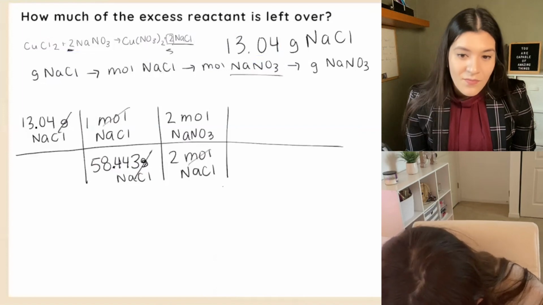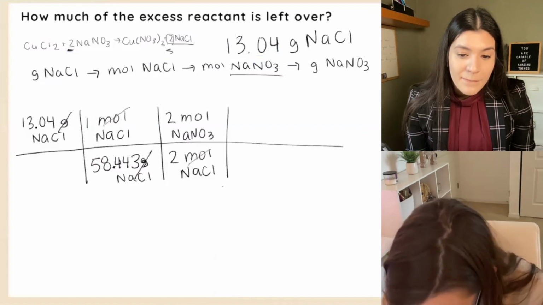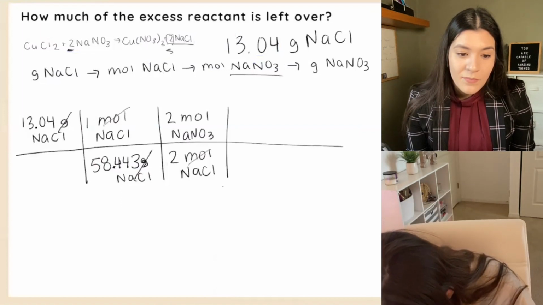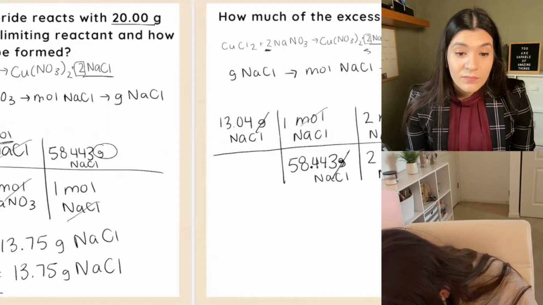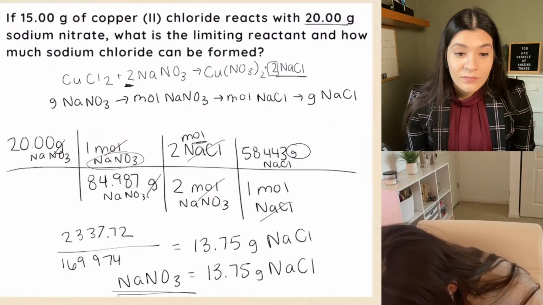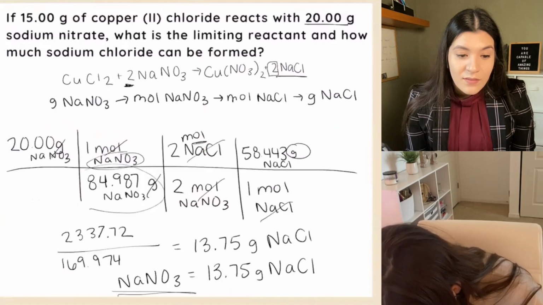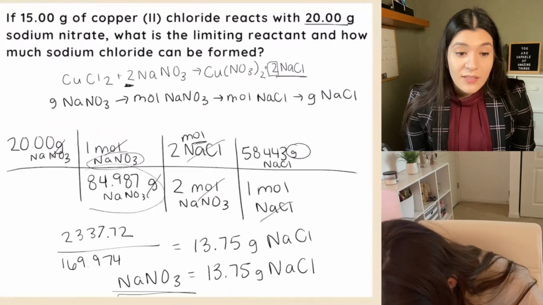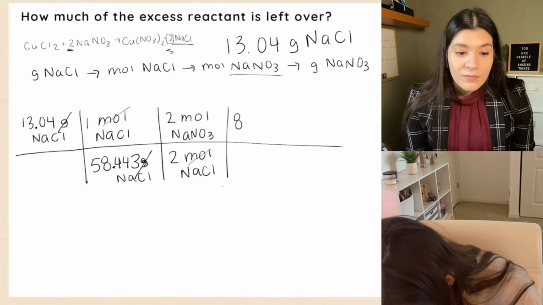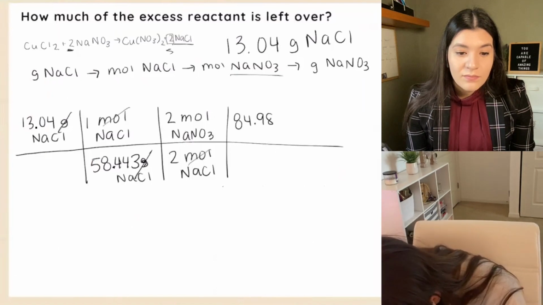Now we're doing our grams on top. Perfect. Yes. Of that, so I can see what it was. Yes. That's the 84, right? Correct. Okay, 84.987. Good.